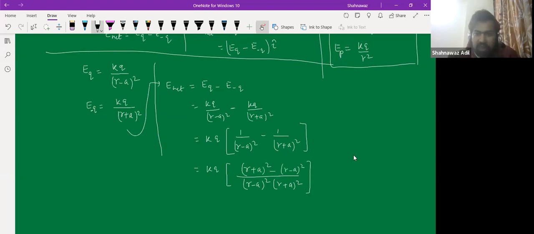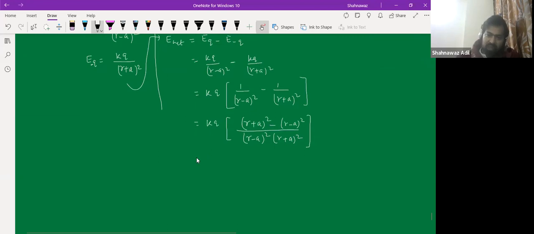This is what we are getting, right? So this is KQ over R square minus A square whole square. R plus A whole square is R square plus 2AR plus A square, minus R square minus 2RA plus A square.